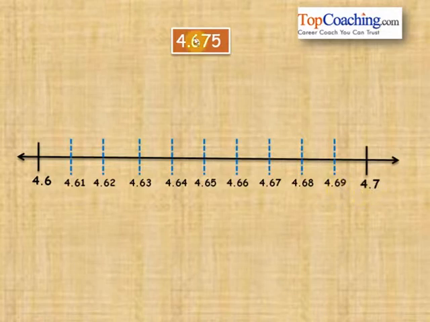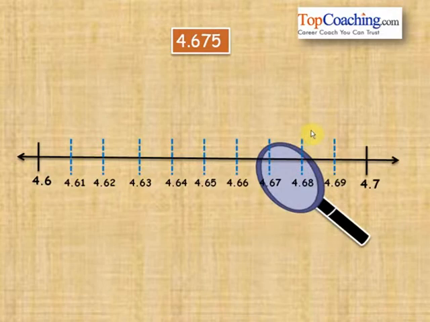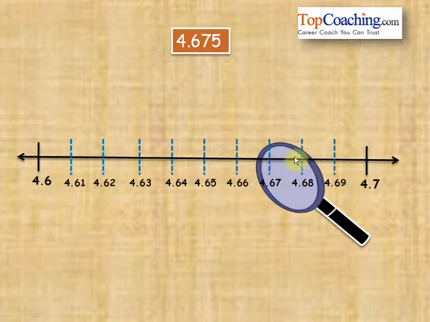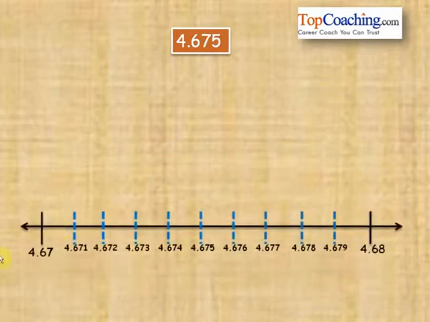Now again this is 4.675. Of course this number is greater than 4.67 but less than 4.68. So we are again interested in this portion between 4.67 and 4.68, and we are going to divide this entire portion into 10 equal parts.